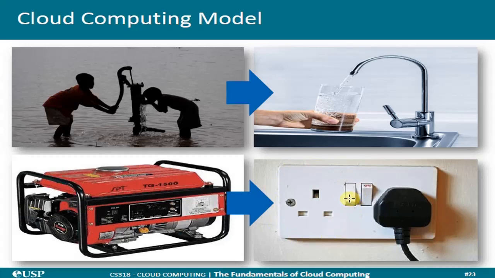And there are many more characteristics or advantages that we will discuss. So it means taking a service or resource and turning it into something more convenient, with many more advantages that we are going to discuss.